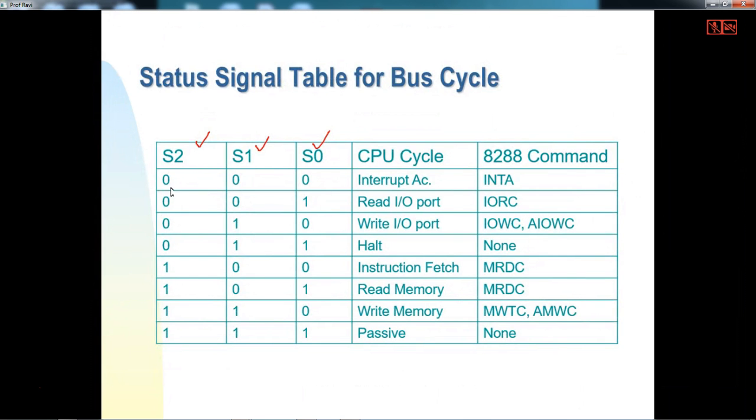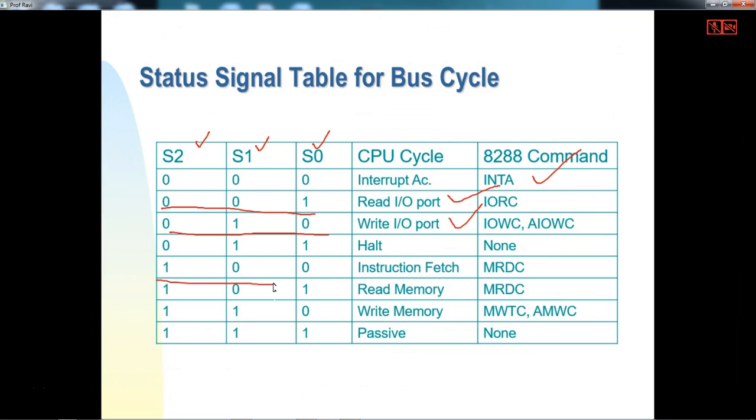Now when S2, S1 and S0 are 000, we generate the control signal interrupt acknowledge, which is there with 8086 in minimum mode. When it is 001, reading an IO port. When it is 010, writing an IO port.